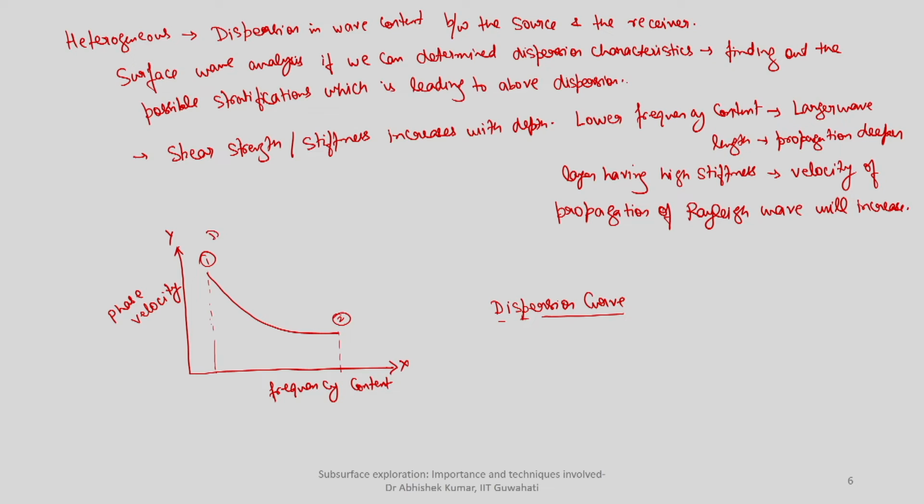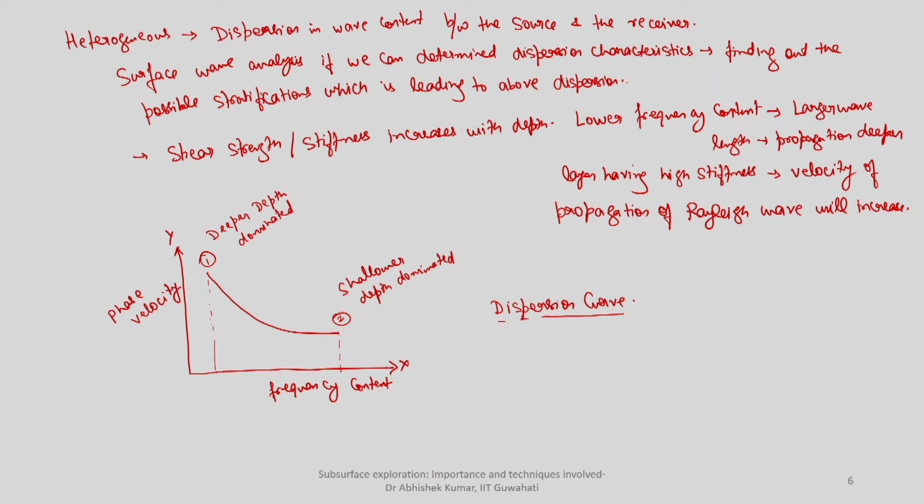So, if I go here, we can call it deeper depth dominated, and this will be shallower depth dominated. For each medium, higher frequency content indicates the lower wavelength, that is shallower depth dominating, and so on.